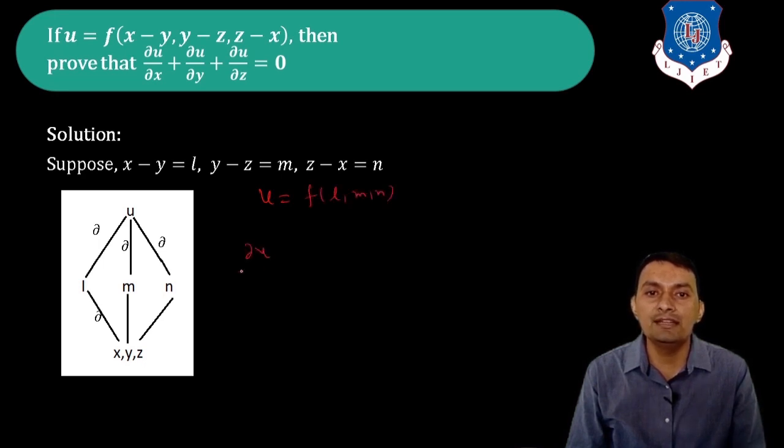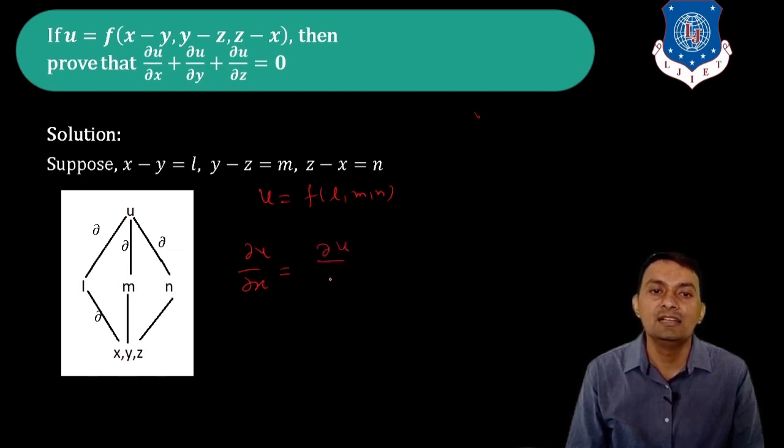Suppose I want to determine del u by del x. It is clear that u is a function of l, m, n, and l, m, n are functions of x, y and z. But when I take the partial derivative with respect to x, u itself is a function, so I just write it as it is.